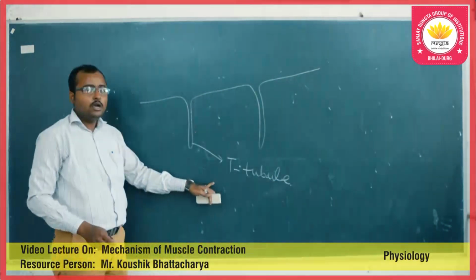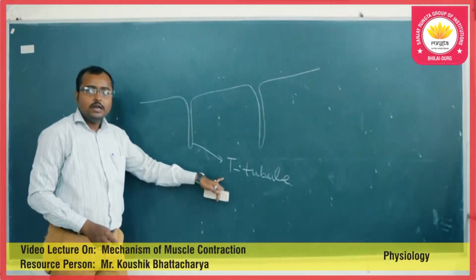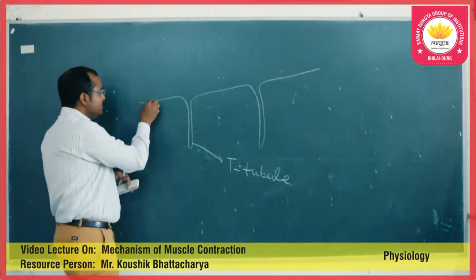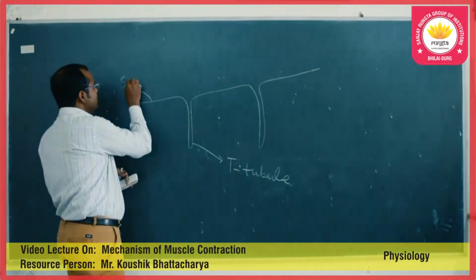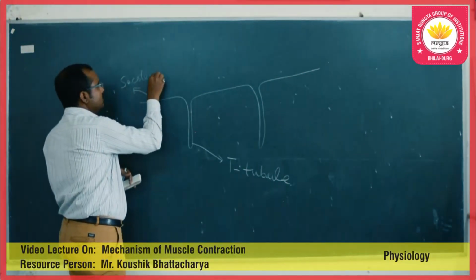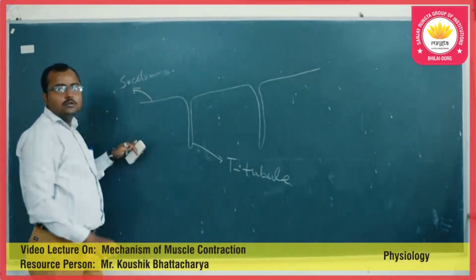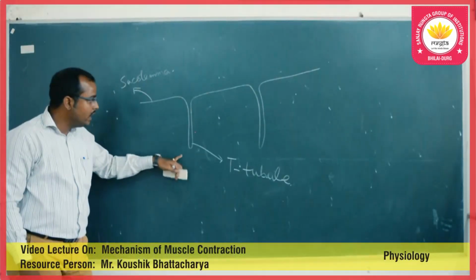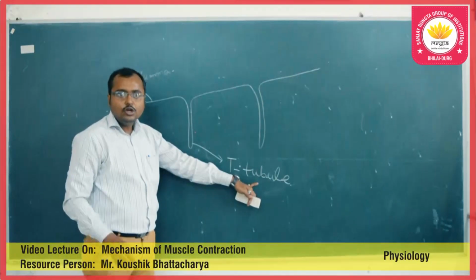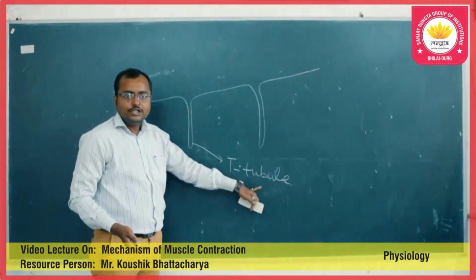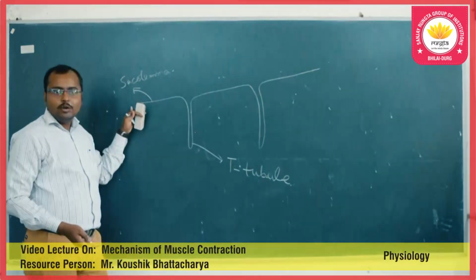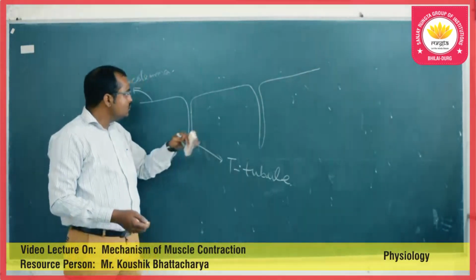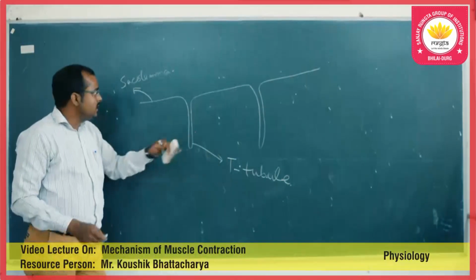So what is a T-tubule? This T-tubule is nothing but a protrusion of the sarcolemma. This one is the sarcolemma. The sarcolemma has a protrusion towards the inward side and it will produce the T-tubule. So we can say that this T-tubule is nothing but sarcolemma, right? It is an extension of the sarcolemma. So that one is the first thing.